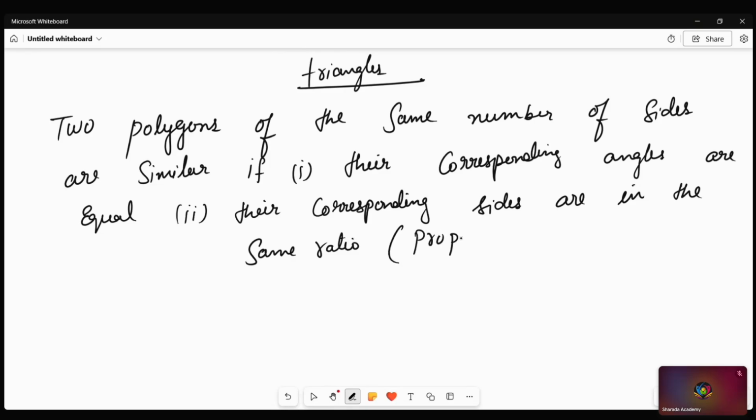Okay. Then we call them similar triangles or similar figures.